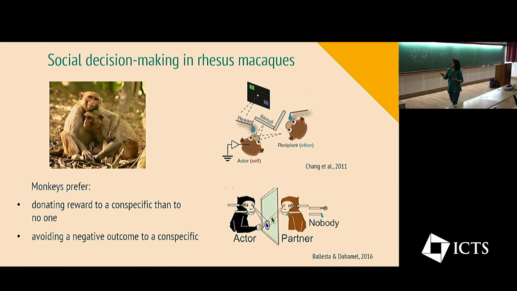Based on that sort of conditioning of what pressing will lead to what outcome, they learn what the consequences of their actions are. Then you run the study after that conditioning is done and analyze their choices over a period of trials in the session and see if there are any patterns emerging. Such behavioral analysis showed these two behaviors in different studies.